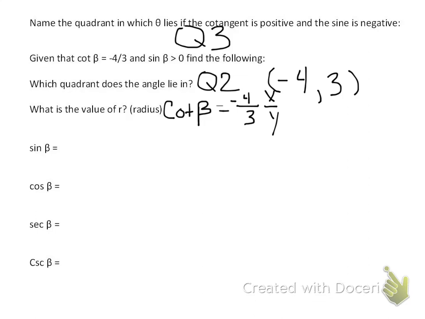If it had been in a different quadrant, I would have taken that negative sign and put it with the y maybe. Okay, so that's why knowing what your signs are in your quadrants is very important. So now that I have my cotangent, which means that I have my x and my y, I can now find my r, because you need r to find sine and cosine. So r is the square root of x squared plus y squared. And in this case, what's the value of my r? 5.